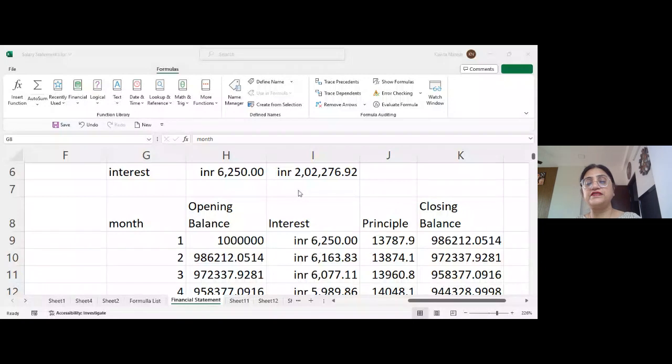Now when I press Control F, a window appears, that is Find and Replace. On the title bar of that window, you can check the title written, Find and Replace. Whatever you want to find, just write it here in Find what.